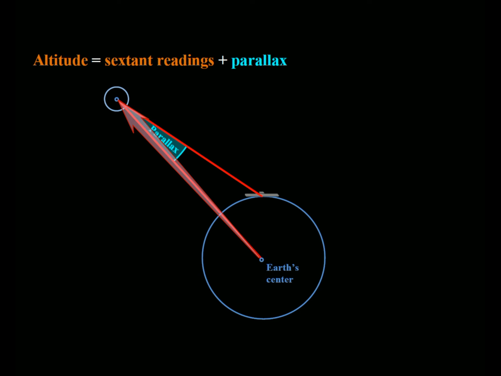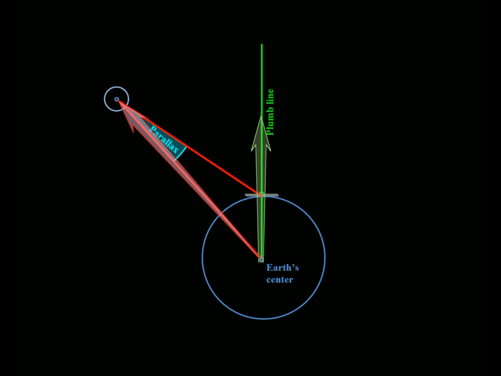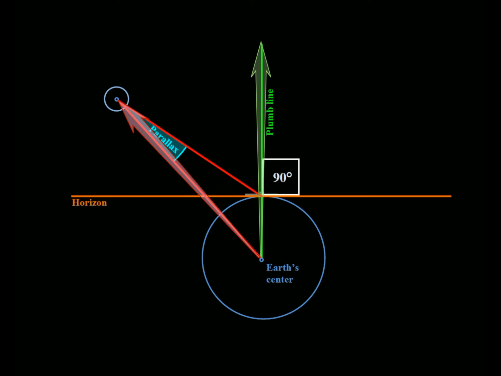The observer's coordinates correspond to a plumb line that intersects the horizon plane at right angles. In celestial navigation, the coordinates of a celestial body and an observer are determined by angles, the vertex of which is the center of the Earth.